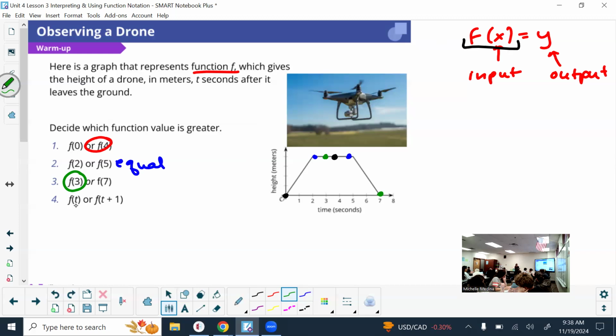Table 3, what about f of t or f of t plus 1? All right, anyone disagree with that? Now, I would agree if the graph was only increasing.